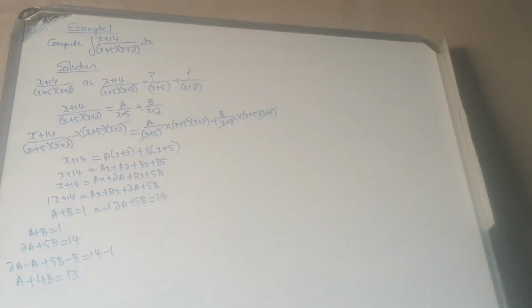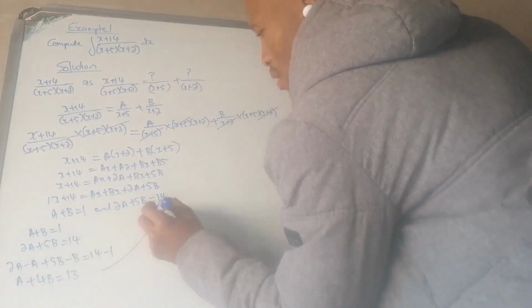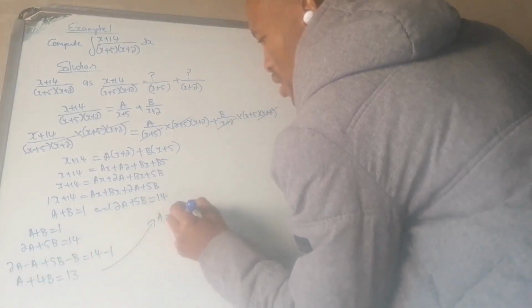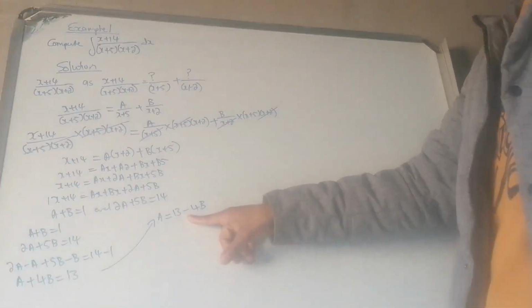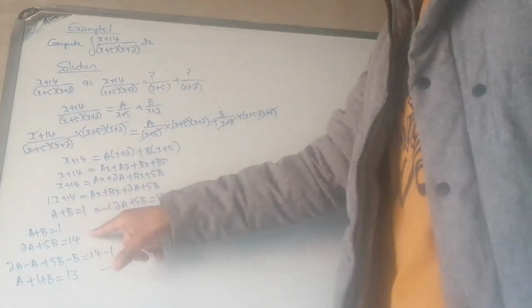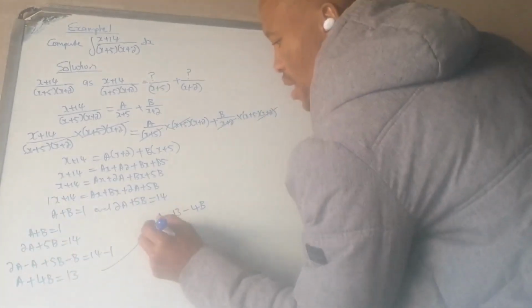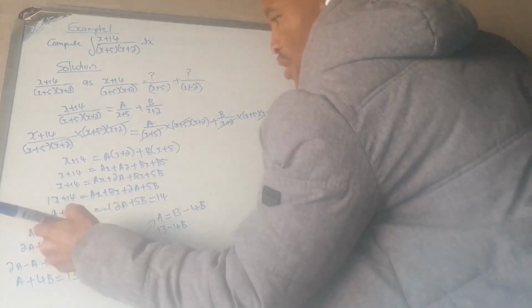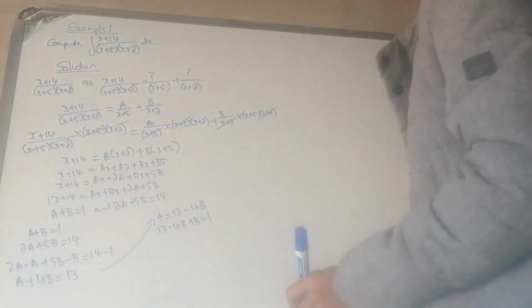And then once I have done that, since this is what I have, I can say my A equals 13 minus 4B. And I can substitute this in either this or this. Where I see A, 13 minus 4B, remember we are on this one, plus B equals 1.